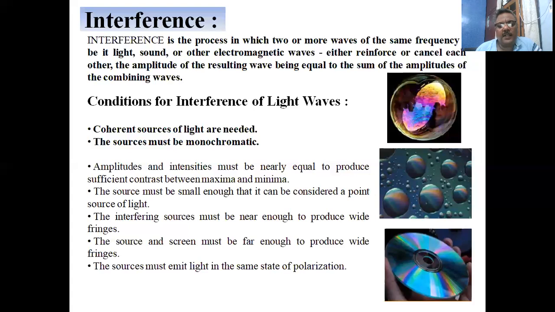And what are the conditions under which we get interference? We have two major conditions: the waves which are interfering should be coherent, and obviously the sources should also be coherent. If the waves are coherent, the sources will be coherent. And the sources must be monochromatic, that is, they must be emitting light of a single wavelength.